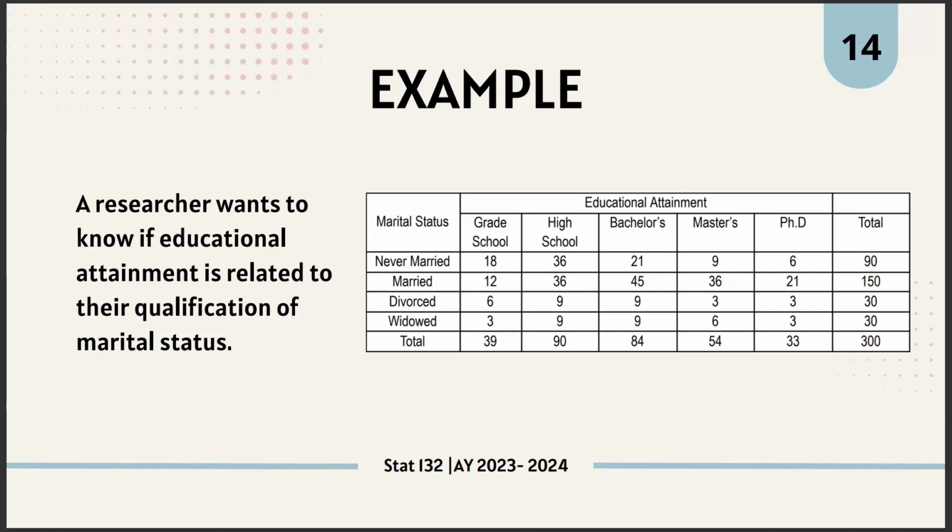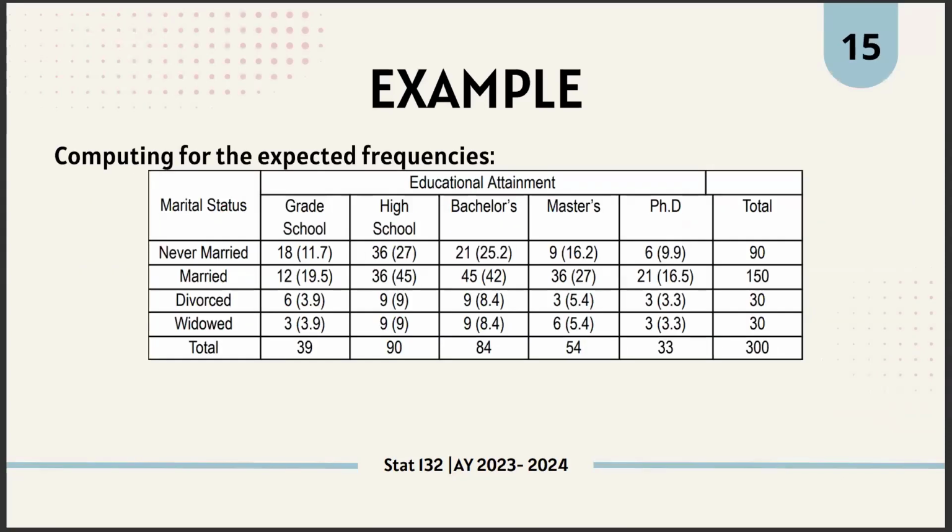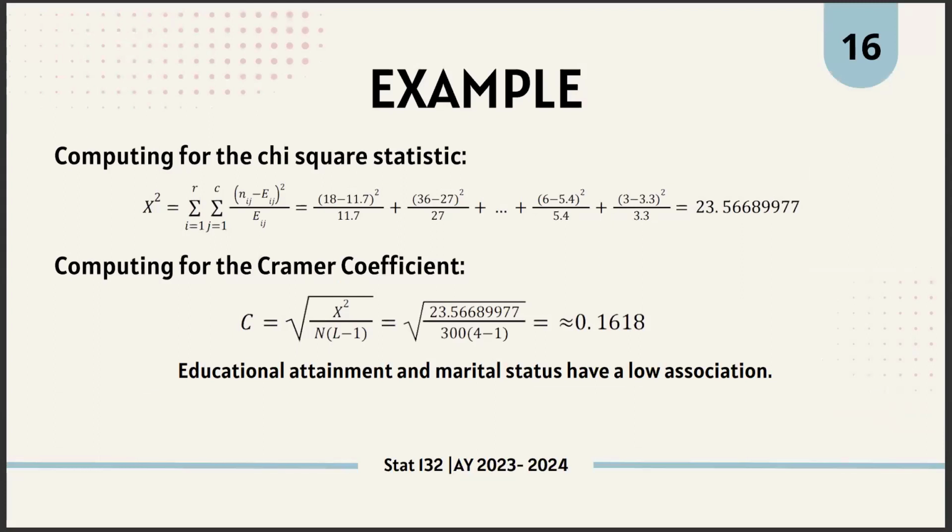So, these are our observed frequencies. Verify the following expected frequencies. And then we compute for our chi-square statistic and the Cramer coefficient, which gives us approximately 0.1618. This means that educational attainment and marital status have a low association.